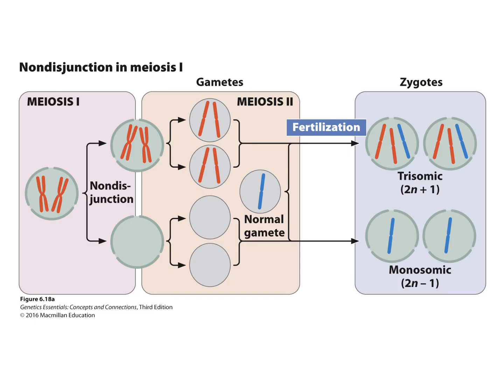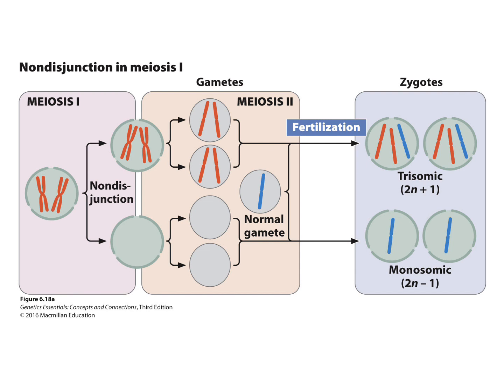So just how is it that these aberrations in chromosome number can actually take place? Well, the term used to describe what happens mechanistically is referred to as nondisjunction. So nondisjunction is a situation where chromosomes fail to separate.